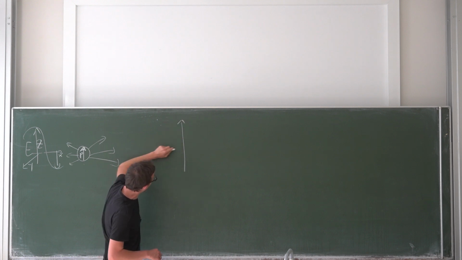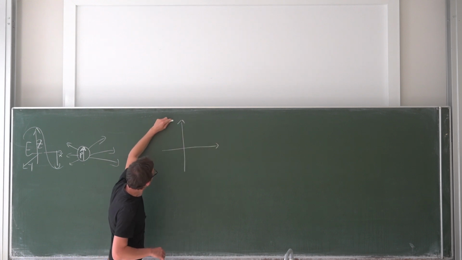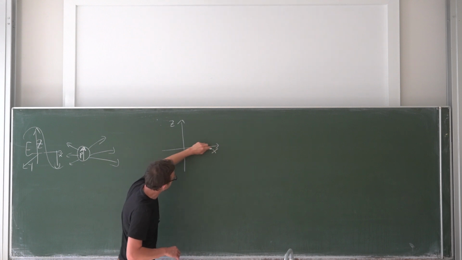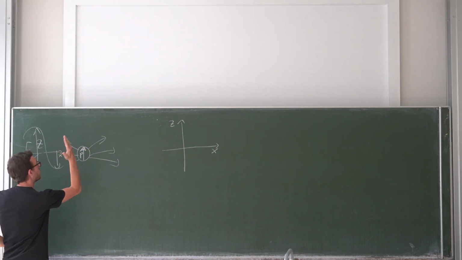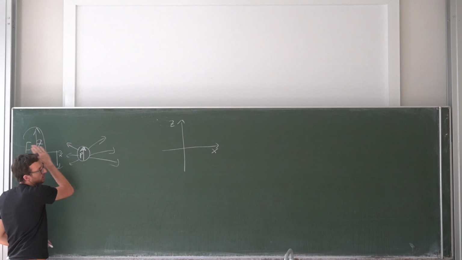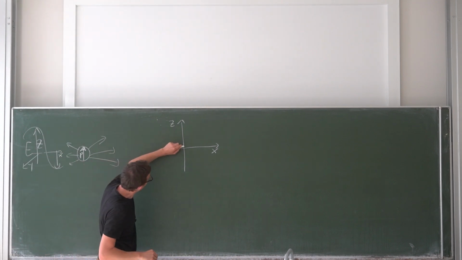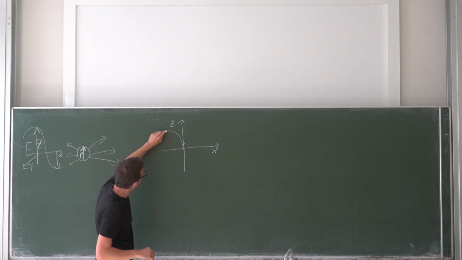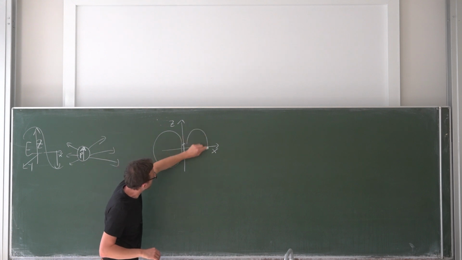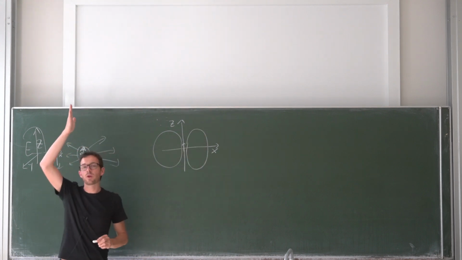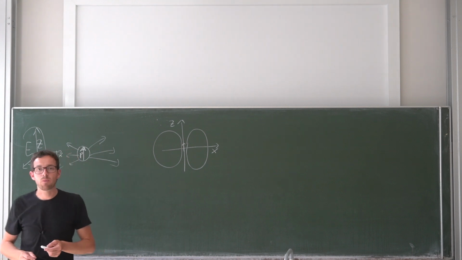In the plane of the dipole, so z and x, where the dipole is excited, I get a distribution that looks like this. This is, if you want, the cross-section of the dipole.